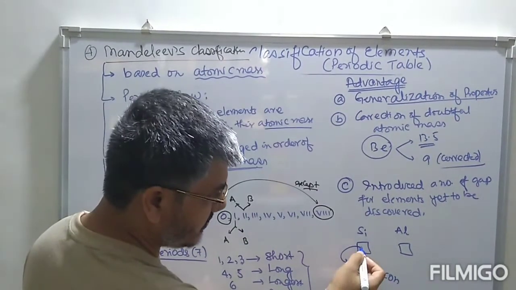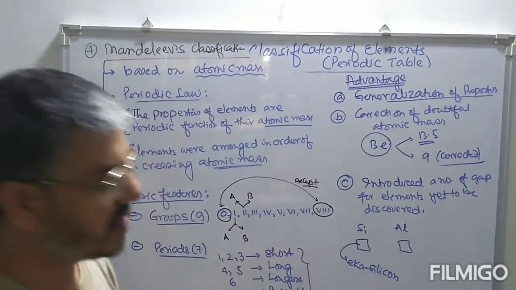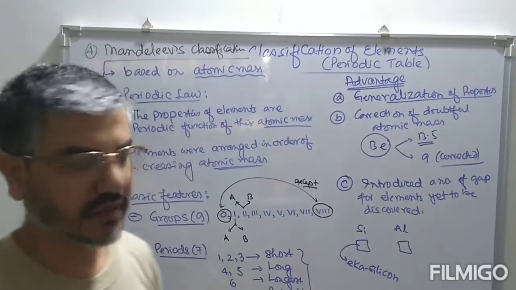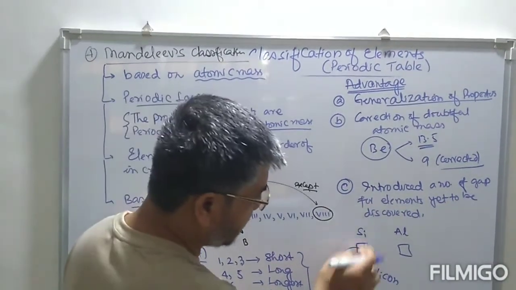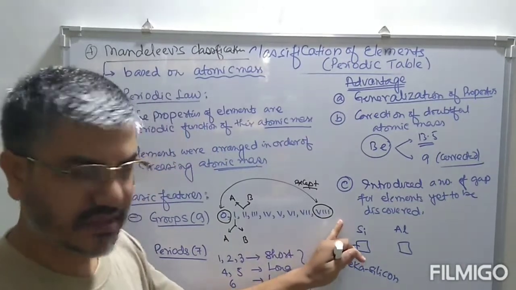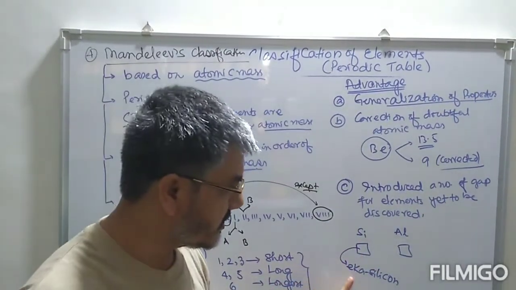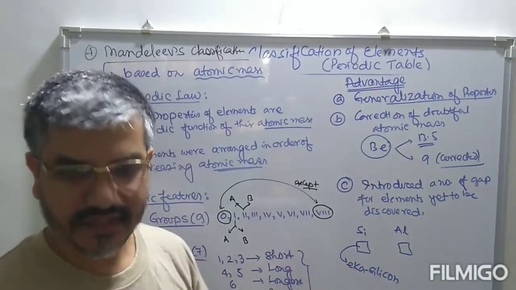That means this element, whose properties should be similar to that of silicon, was not yet discovered. Later on, he predicted the properties of Eka silicon to be similar to those of silicon, though the element was not yet discovered in his time.